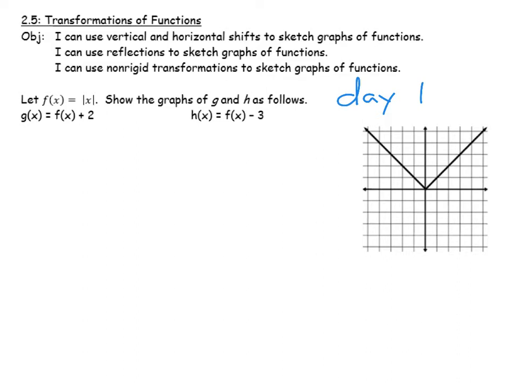And two, particularly with absolute value, it's pretty easy to see the transformations. It's a V-shape, so it works well for seeing what effect these transformations have on graphs. It may not be the most common function that would come up when you're modeling data, but it's a good one to see the transformations.